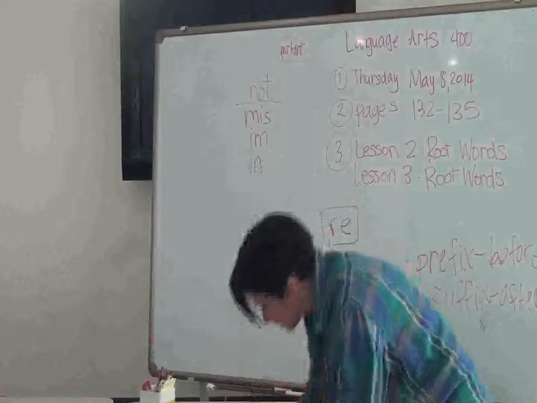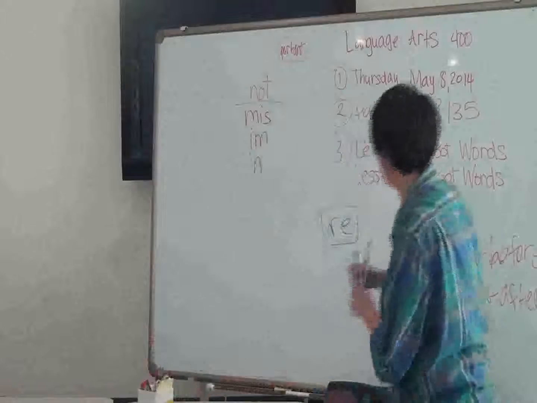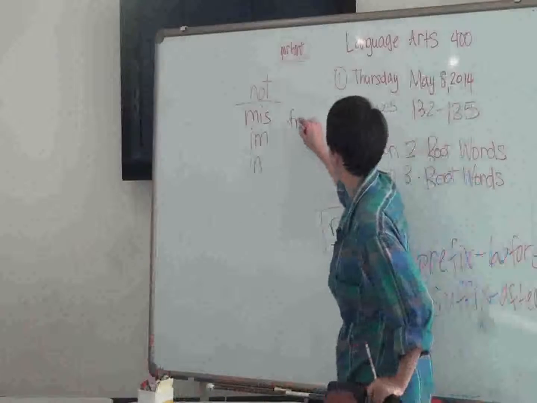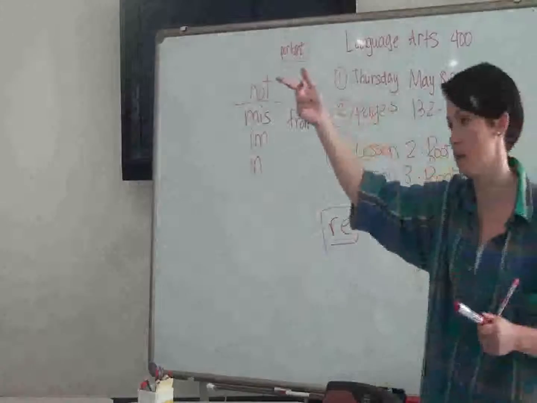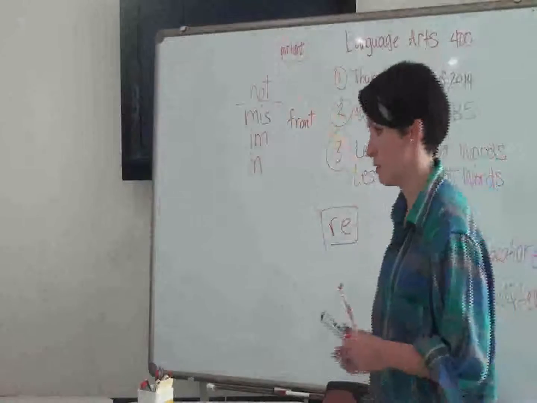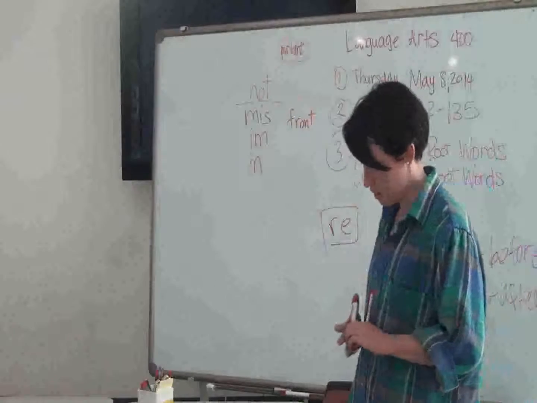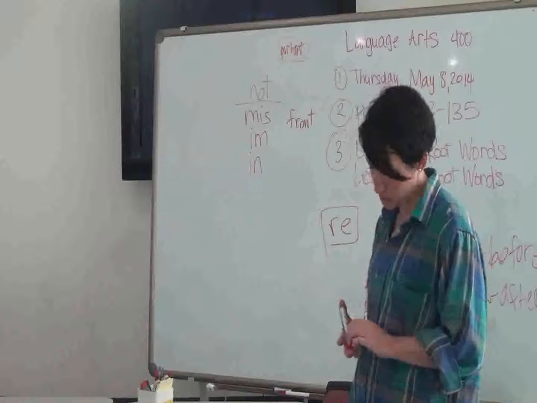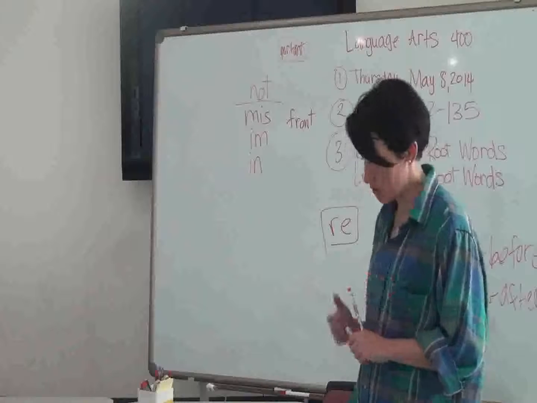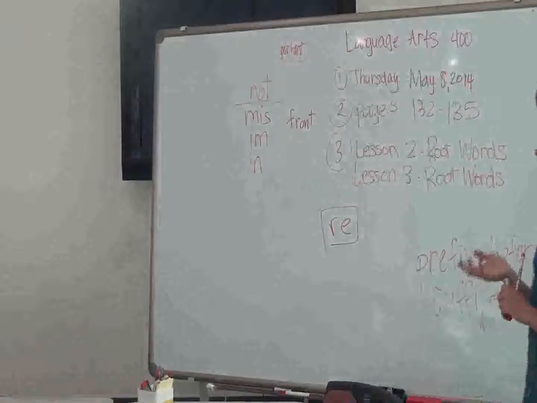Yeah, that means front. Fore means front, like that. I think they made a mistake in the spelling, okay? Post means after, right? Post means after, okay? So fore means front, post means after, okay?